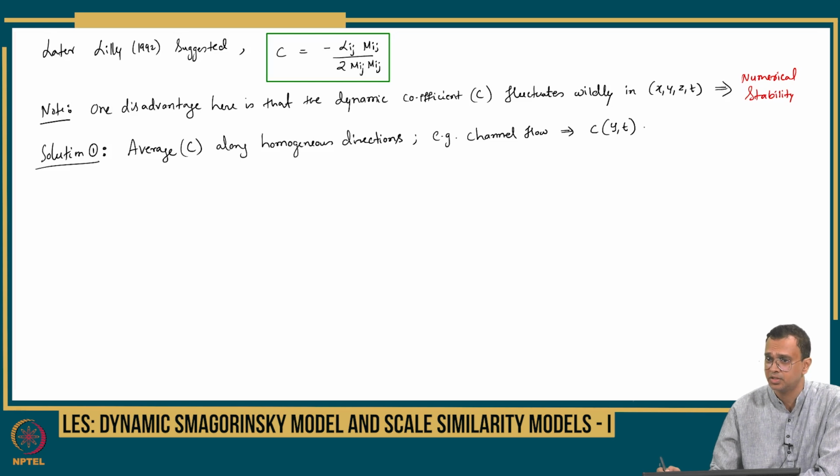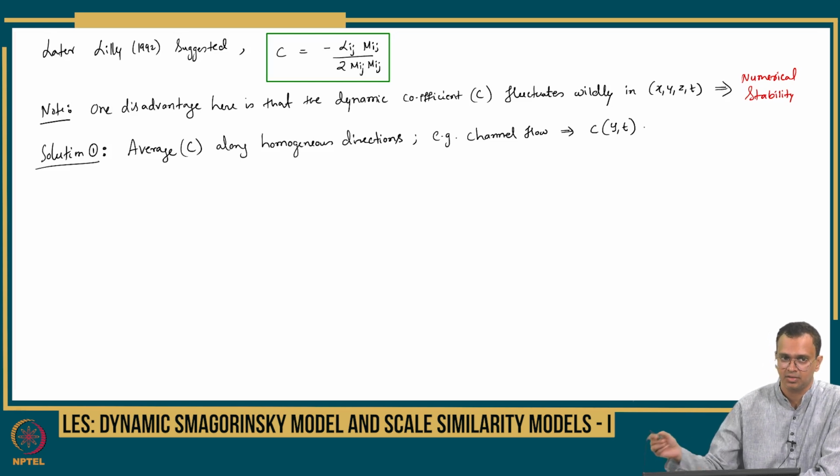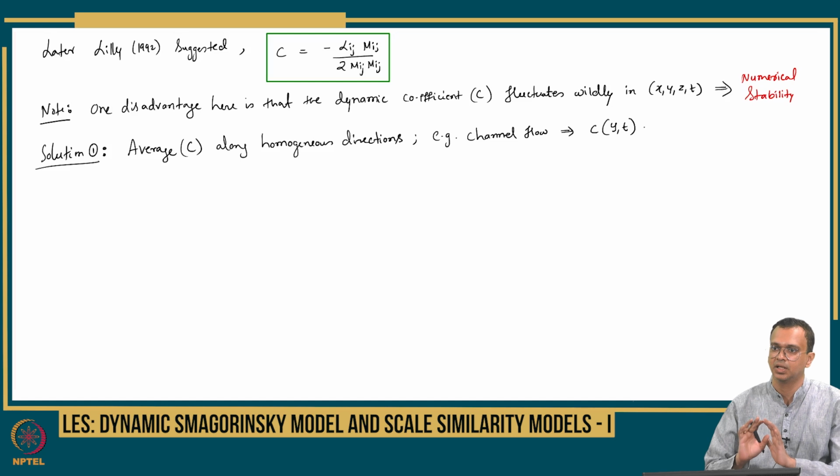But what do you do in industrial flows where you don't have such luxury of a homogeneous direction? So you can locally average them. Locally around them, you choose a certain mesh around it, right? Maybe 5 by 5, 10 by 10 or whatever. Locally you can average it out to smoothen it.